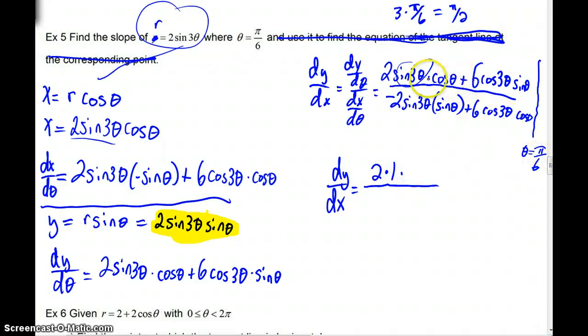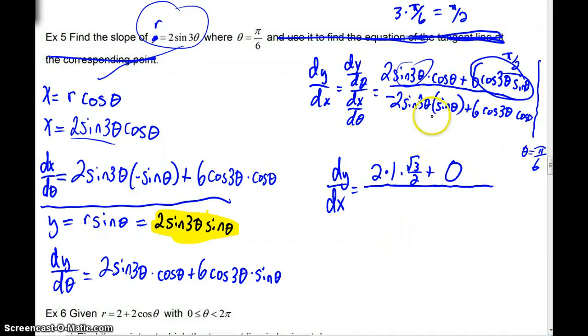Now, the cosine of pi over 6 is radical 3 over 2. Again, cosine of 3 theta is the cosine of pi over 2 in here, and we all know the cosine of pi over 2 is 0. So this whole second part of the numerator just becomes a 0 when we substitute pi over 6 in.